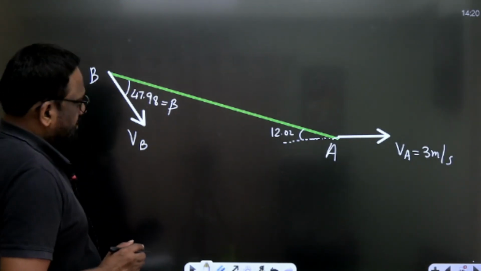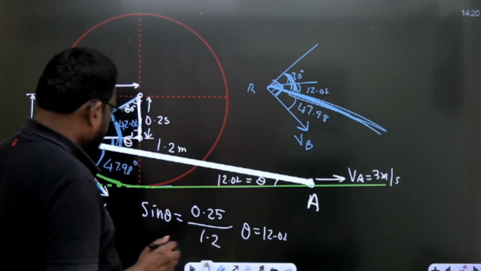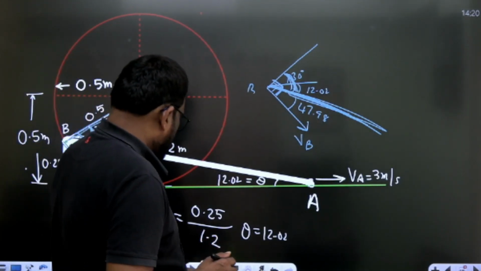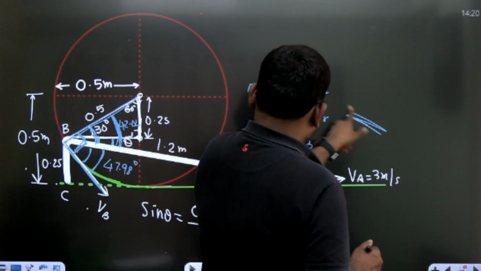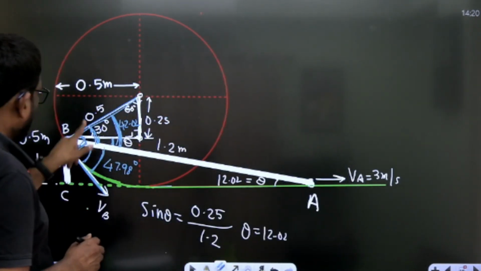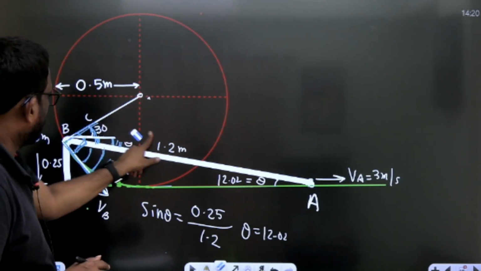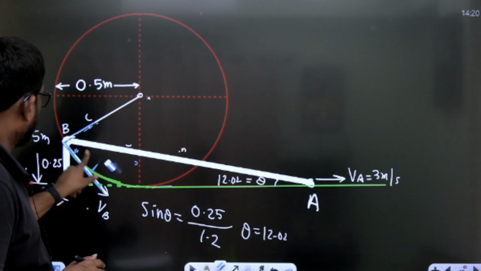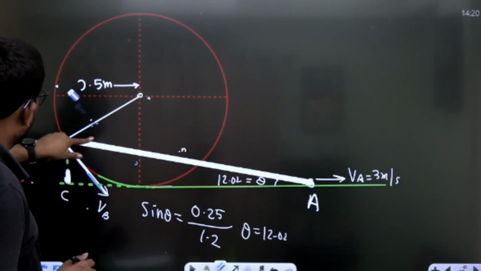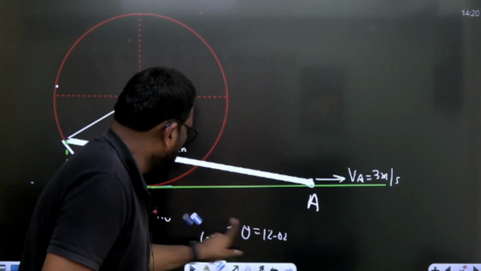How will we do it, sir? It would be better to do it here itself. Maybe we will plan something here. We'll try to do it in this figure only. You'll understand properly. So we will remove this a little. Yes, we can do it here. We will do it neatly, don't worry.